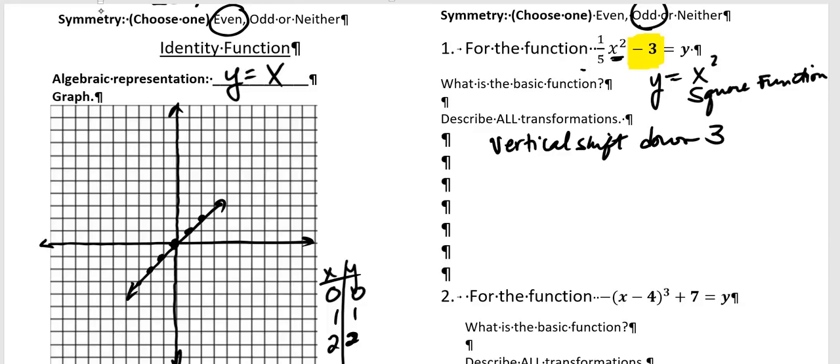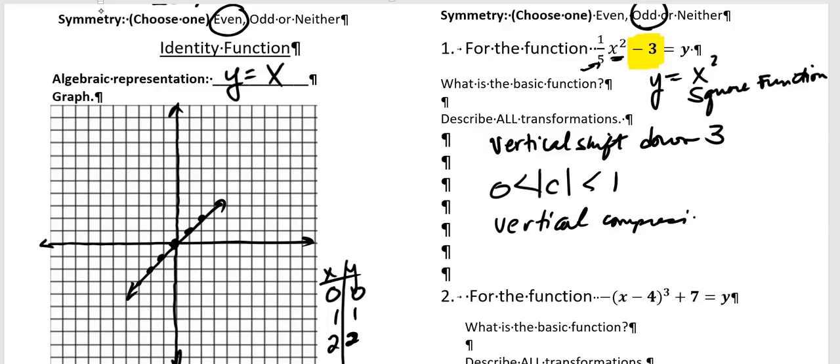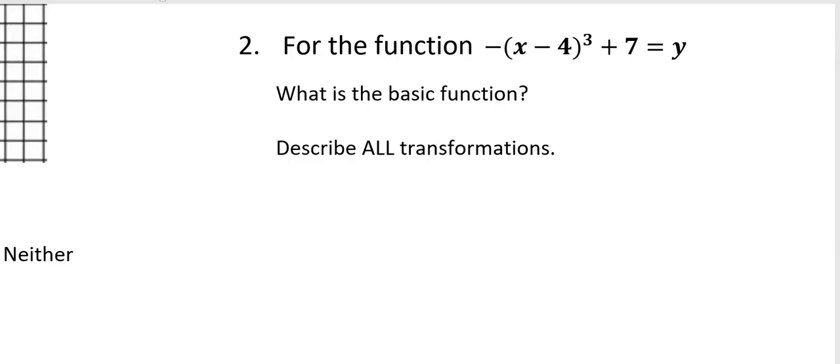But there is a 1/5 here. Since it's a fraction, it's between 0 and 1. We know that if the absolute value of that c is between 0 and 1, then it's going to be a vertical compression of a factor 1/5.